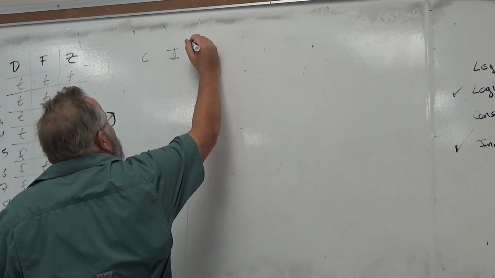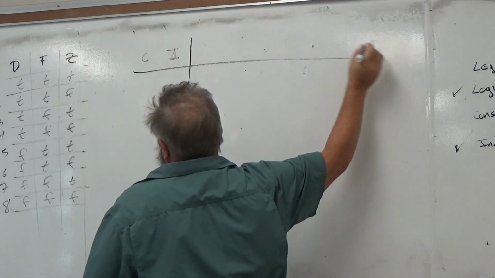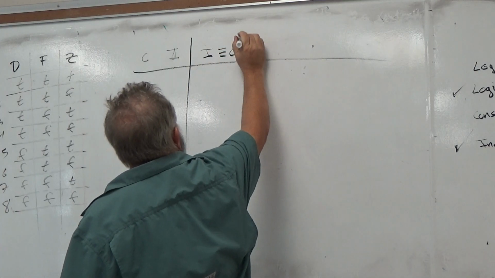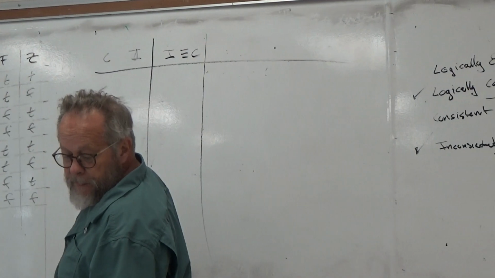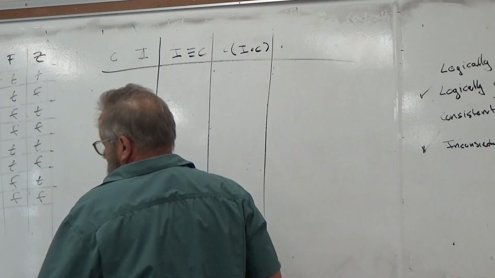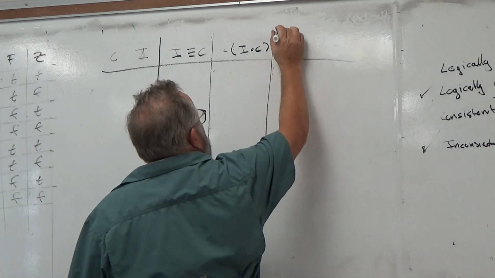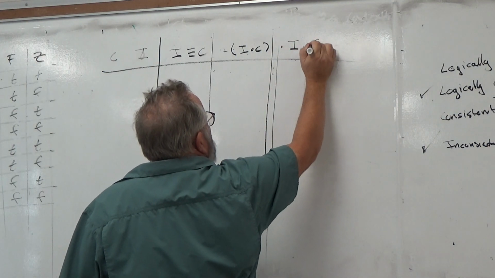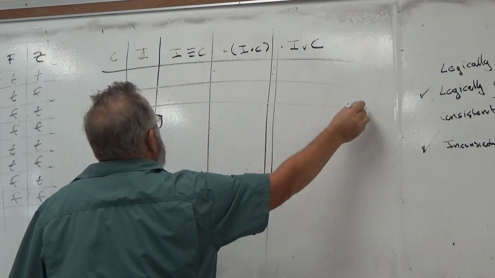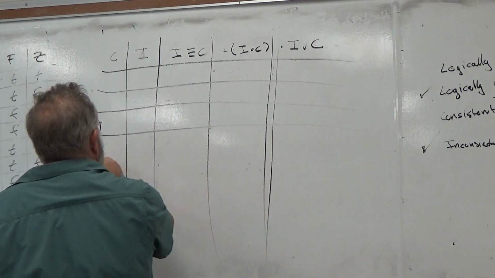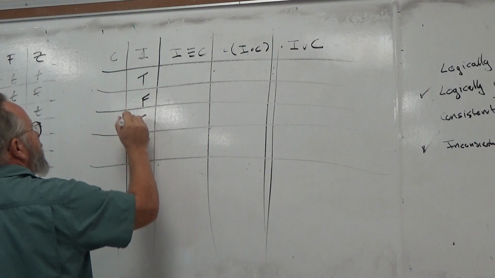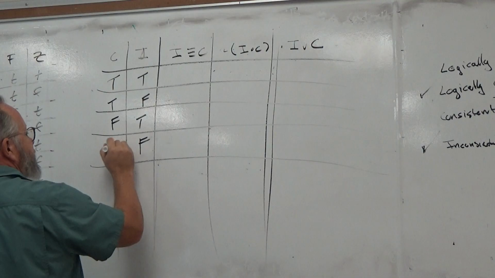C and I. And I if and only if C. Not I and C. And the conclusion is I or C. And we need 4. Fill these in: true, false, true, false, true, true, false, false.